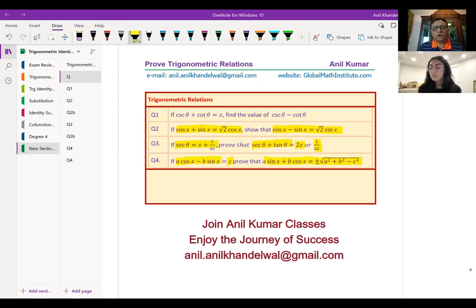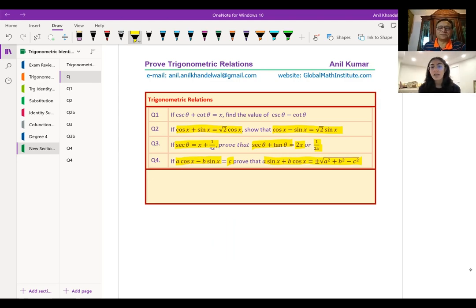Now, to solve these kinds of questions, you can easily use Pythagorean trigonometric identities, right? Yeah, I was thinking if you know what cosecant theta plus cotangent theta is, then you could bring the x. Well, theta and x are different, right? Yeah, so x is the value for cosecant theta plus cotangent theta.